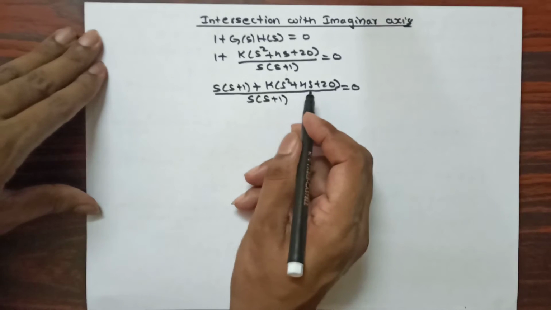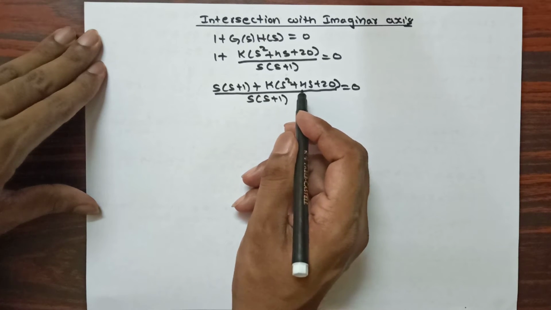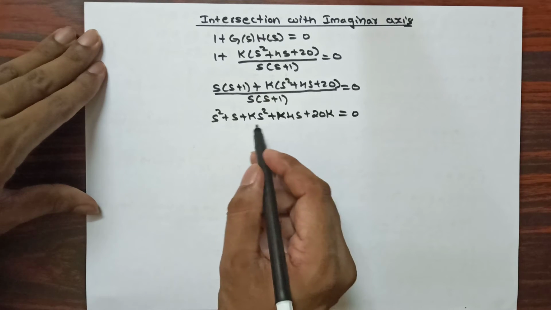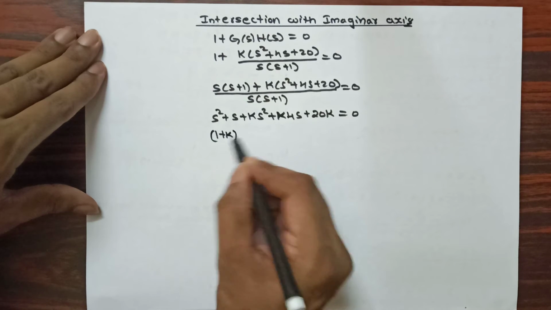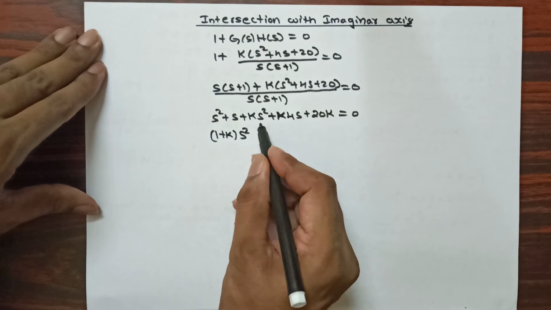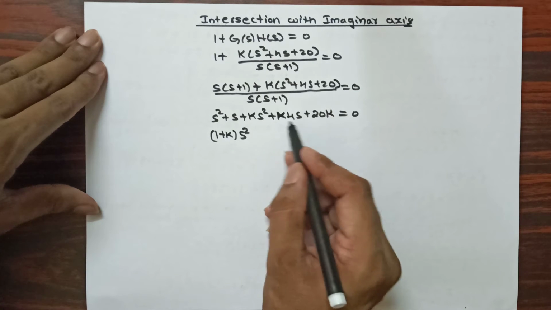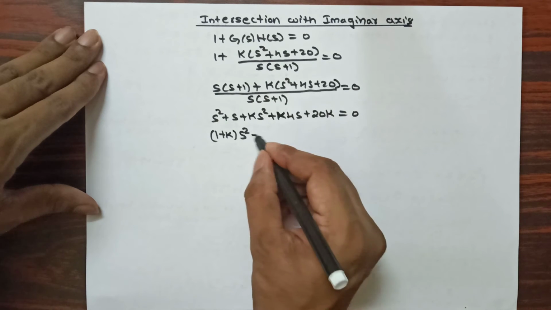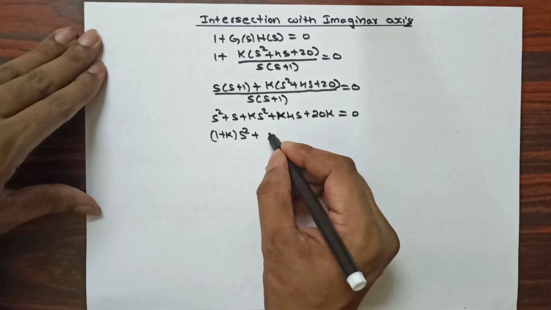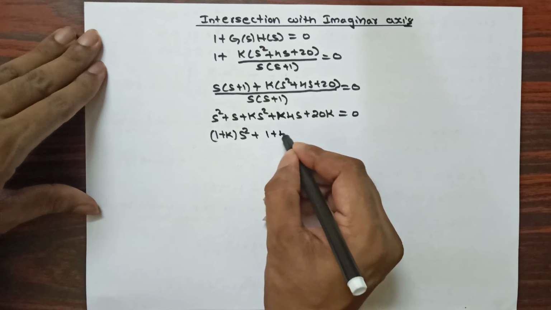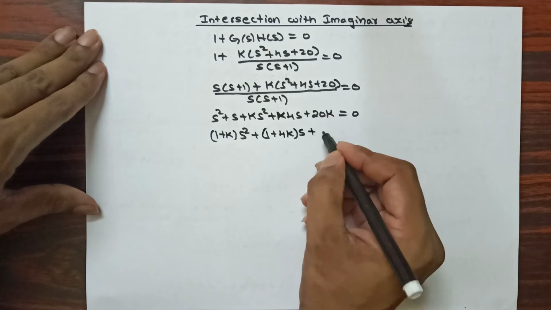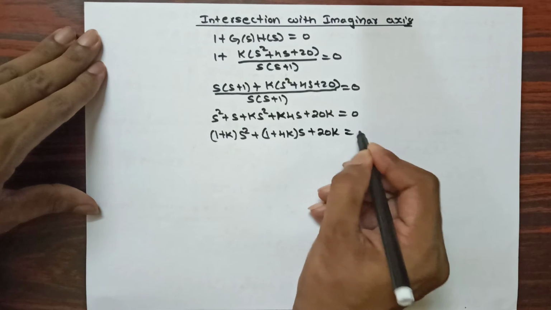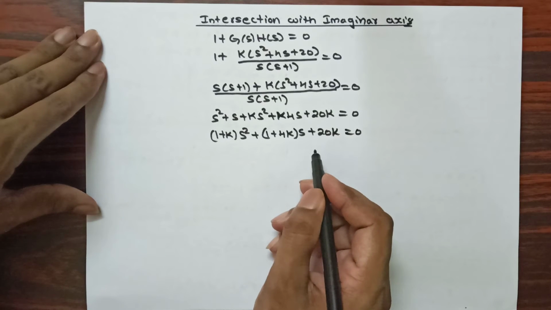Now by multiplying, I will get (1 plus k) into s square, and in these two s terms by taking s common I will be getting plus (1 plus 4k) into s plus 20k is equal to 0. This is the characteristic equation I got.